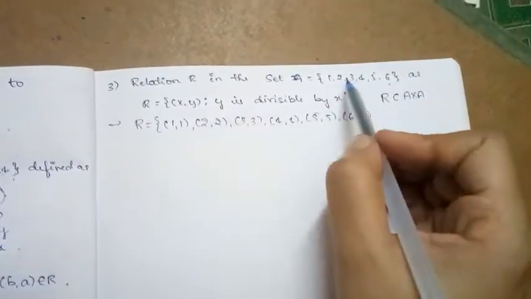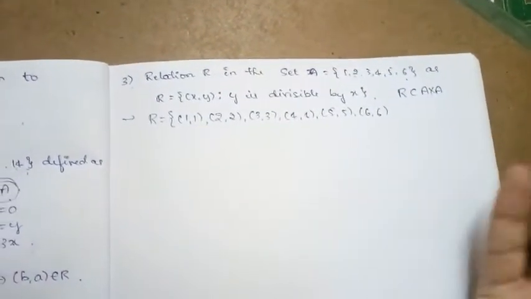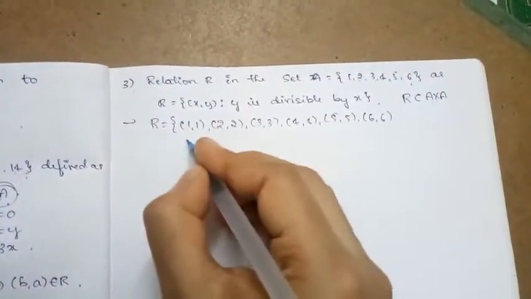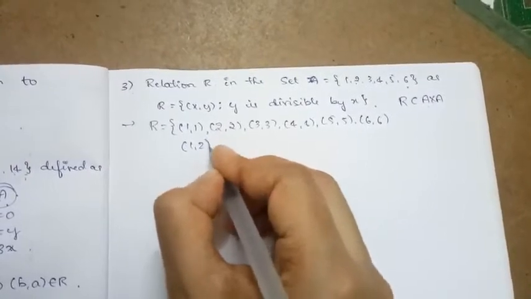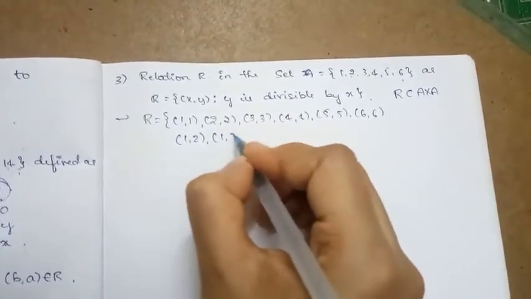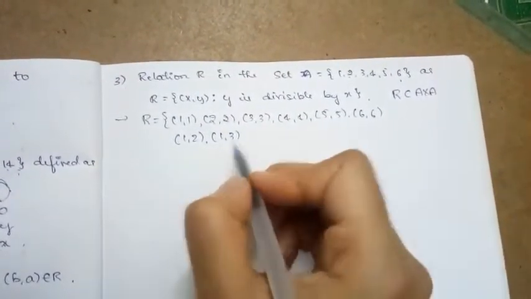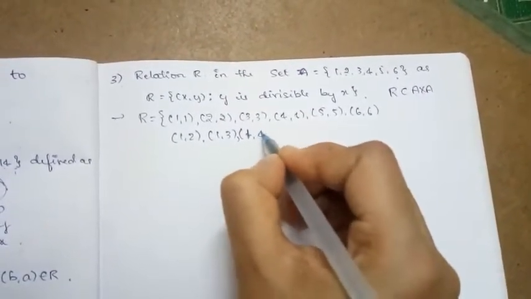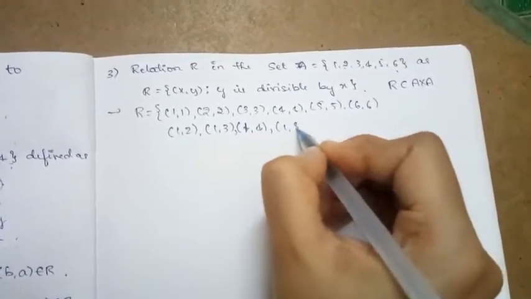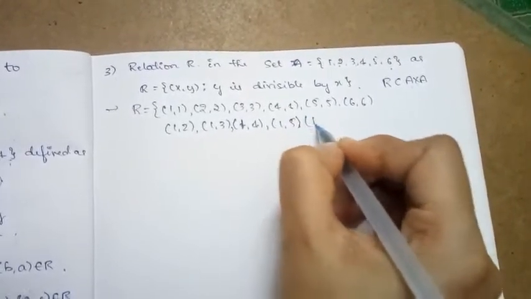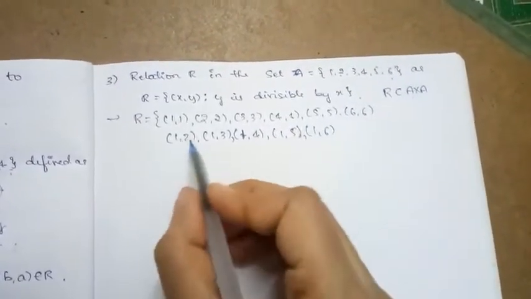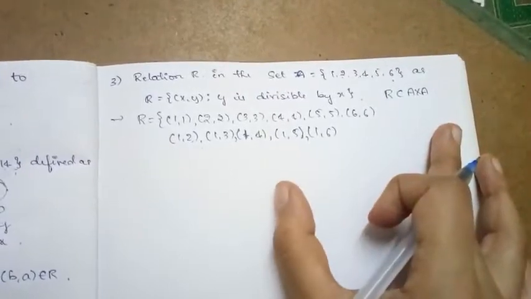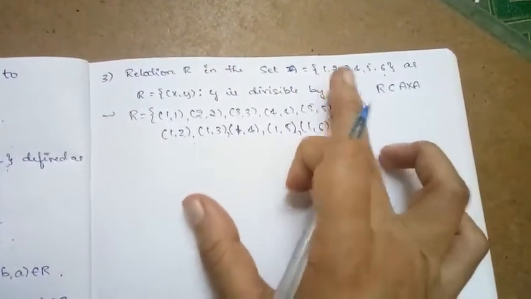Also, we know that each number is divisible by 1. So I can write (1,2), (1,3), and so on, because whatever number we take from the set A, all those elements are divisible by 1.